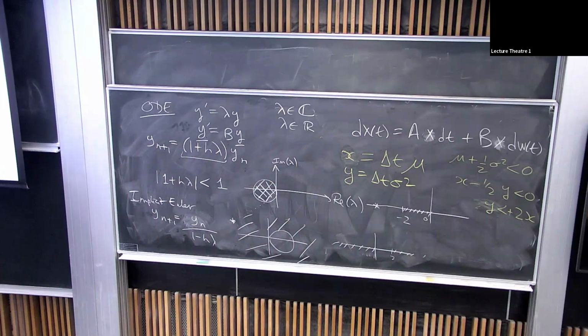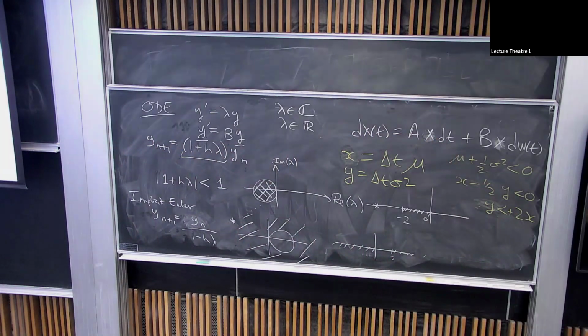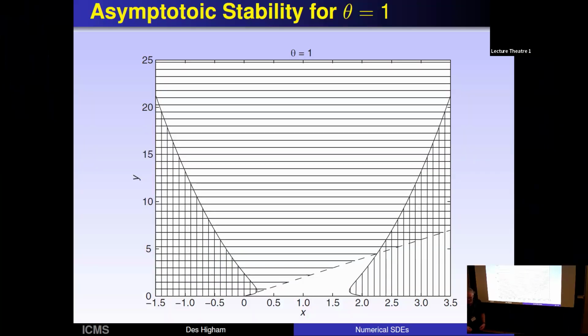So anything above this straight line or to the left is asymptotically stable for the SDE. And it turns out the numerical method, when theta's 1, is stable inside these two bulges, which we just computed numerically based on that characterization. I don't have an analytical expression for these.